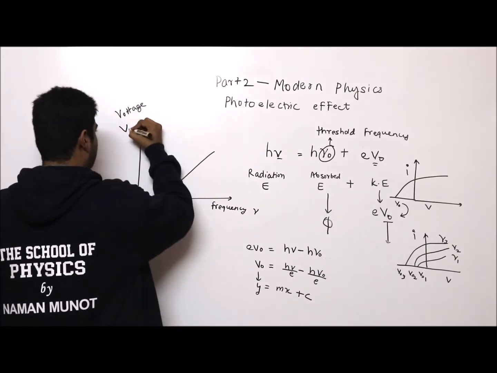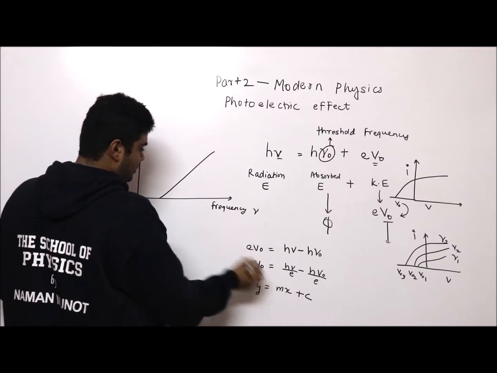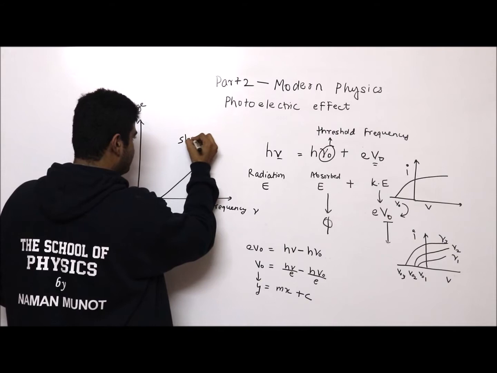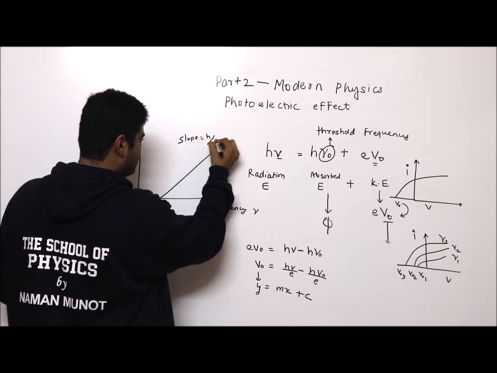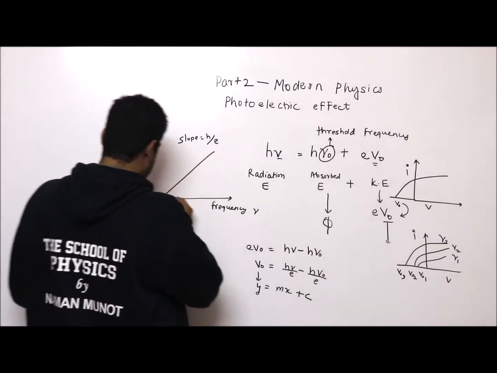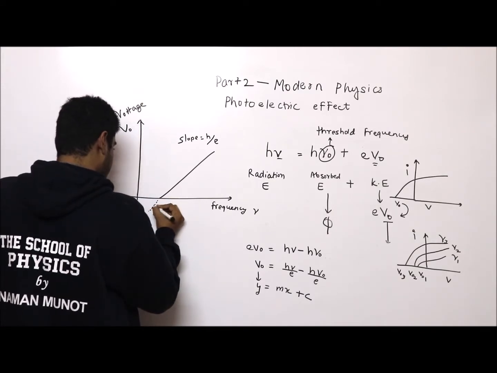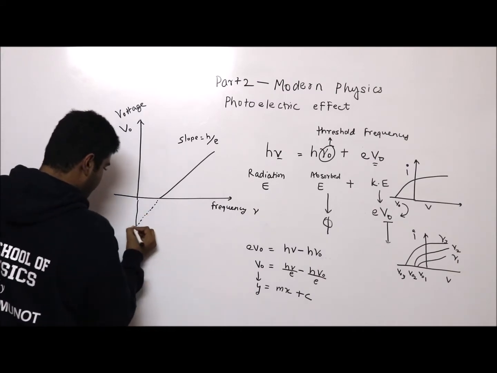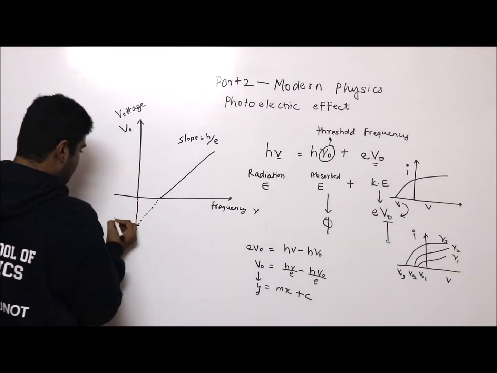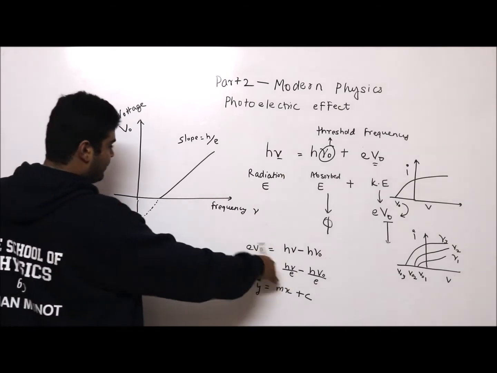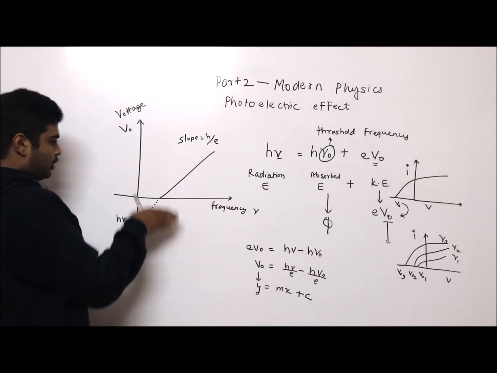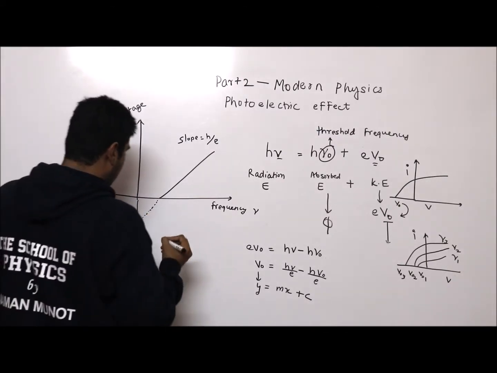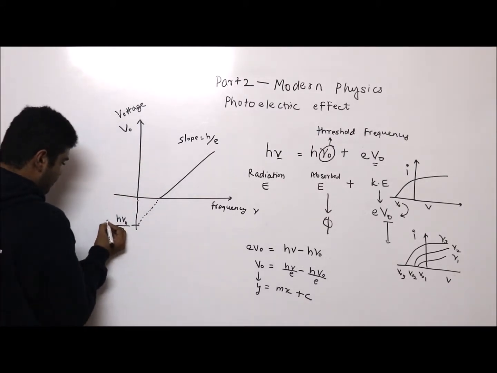Here we have V naught, the stopping potential, and this slope is equal to h by e. The value of this intercept will be equal to h mu naught by e, and since this is a negative intercept, we take it below the x-axis, so it is minus h mu naught by e.